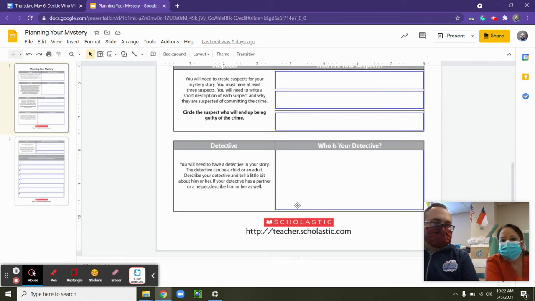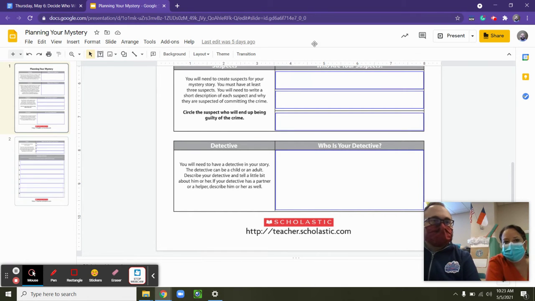So, for example, if your detective is going to be a man named Edward, you need to describe what Edward looks like externally, and then two descriptors on what he is internally with the traits discussed yesterday. Please don't just put Detective Edward, Detective Sarah. We need to know very specifics, especially if they're an adult or a child. Go ahead and add their age as well. You can put the age in the physical trait section.